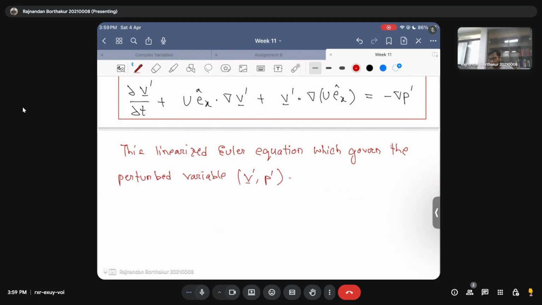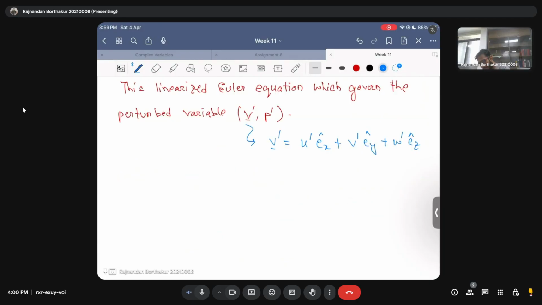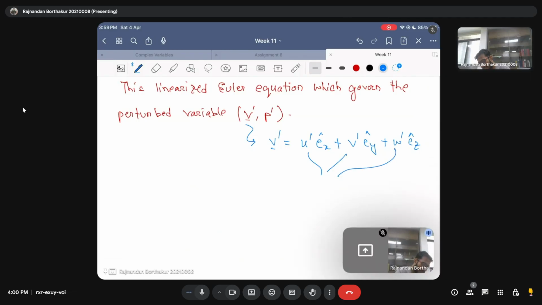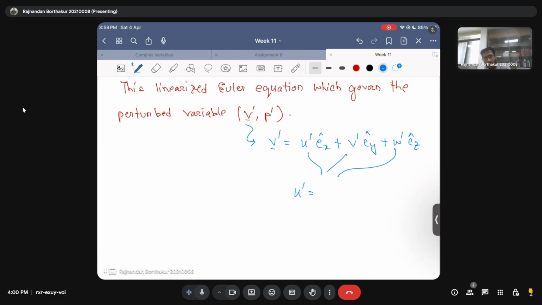Okay, where I believe you at least need to have the sense that this v dash is the perturbed velocity field, and you can write this as u dash ex plus v dash ey plus w dash ez. And the important thing is to appreciate that these u dash, v dash and w dash are not just functions of z, but they will now be functions of x, y, z and time, because we don't know anything about the perturbations.